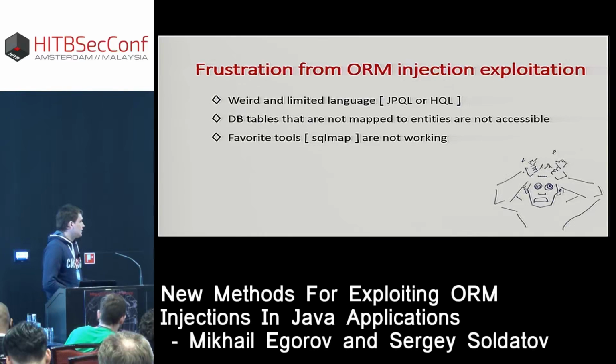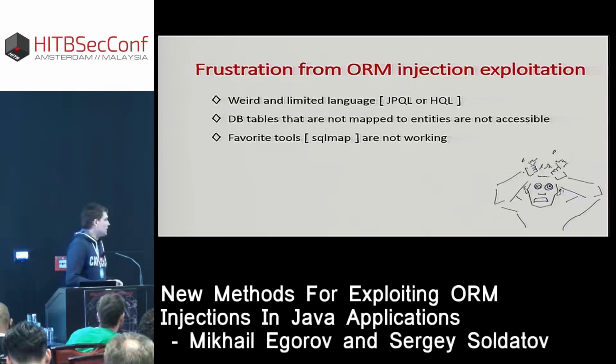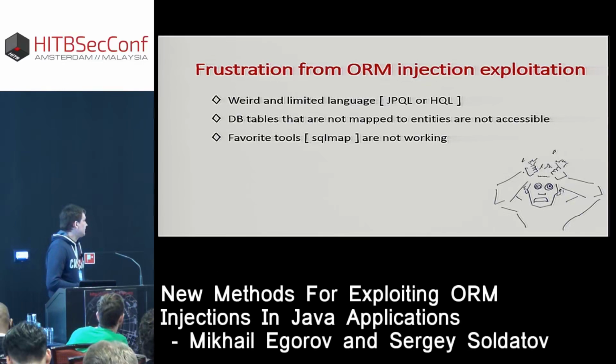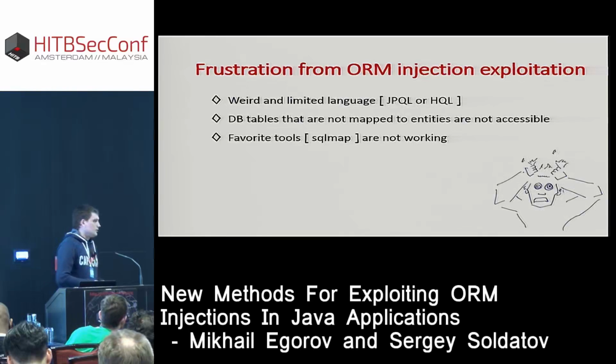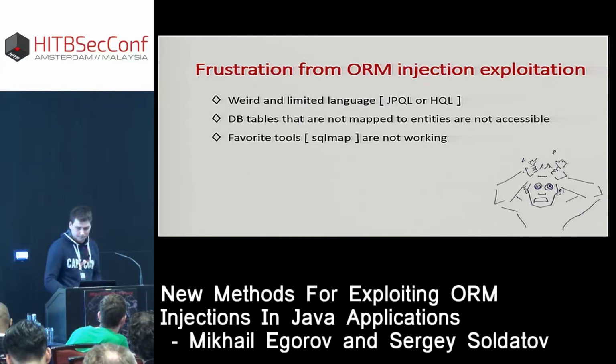You can access tables in the database that are mapped directly to entity classes. If you try to access a table that is not mapped, you will get an exception from the ORM. And the third reason is that your favorite tools for SQL injection exploitation will not work with ORM injection.